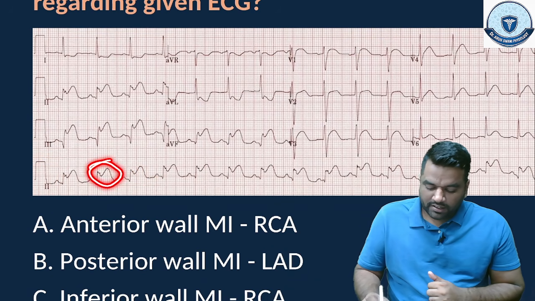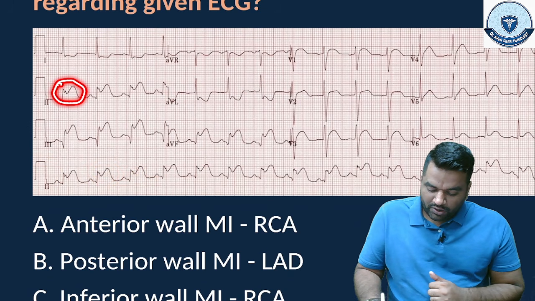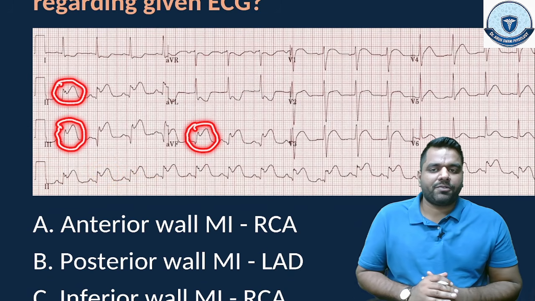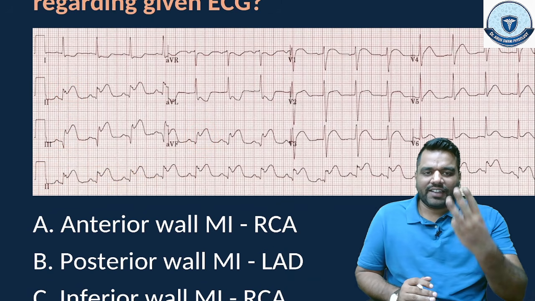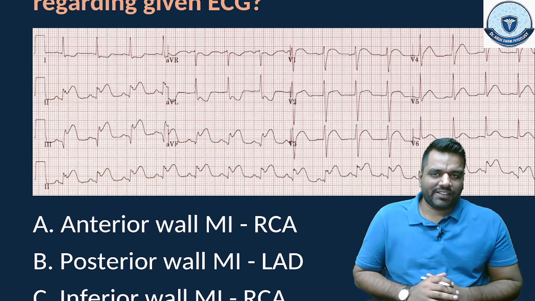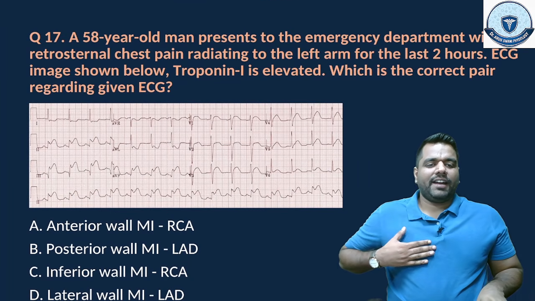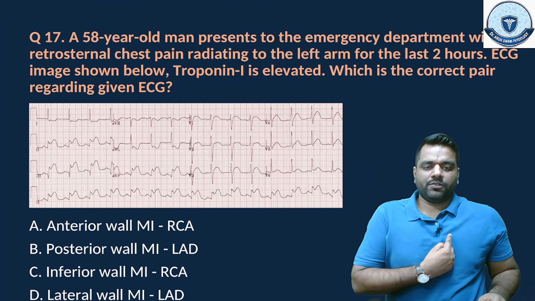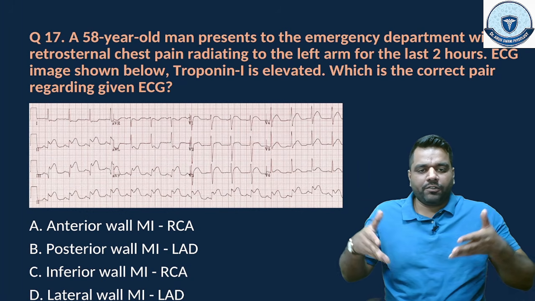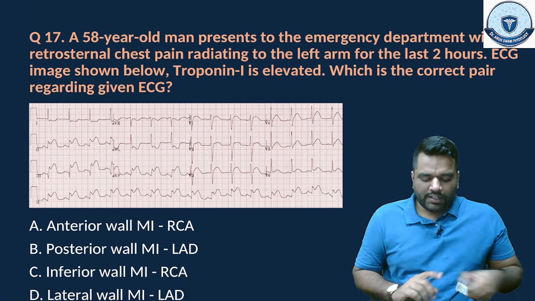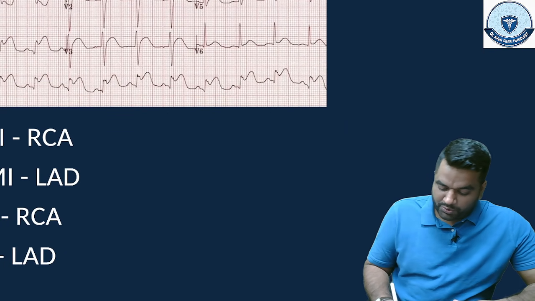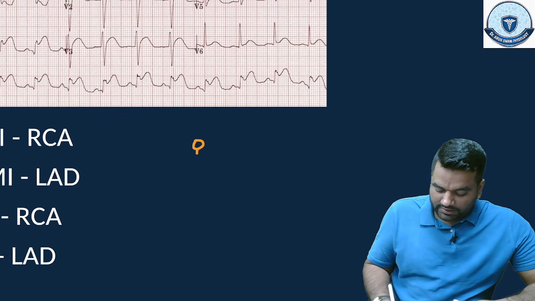You can see it in lead 2, in lead 3 and in lead AVF. And guys, 2, 3 and AVF is suggestive of inferior wall MI. So remember guys, I told you that this is V1, V2, V3, V4, V5, V6, and for the inferior side there will be 2, 3, AVF, right? So remember the diagram which I used to explain during the classes.